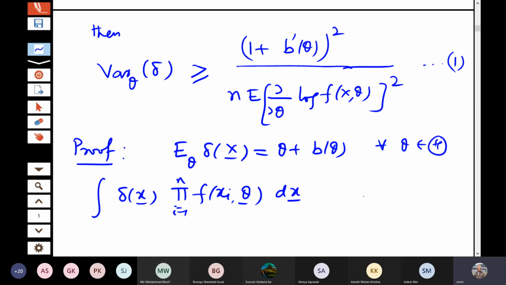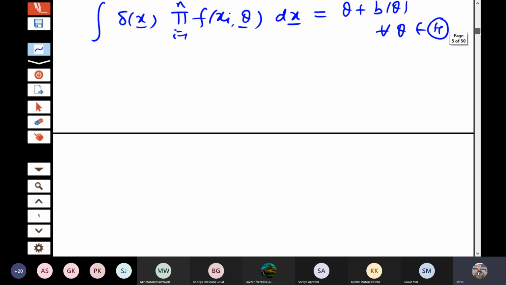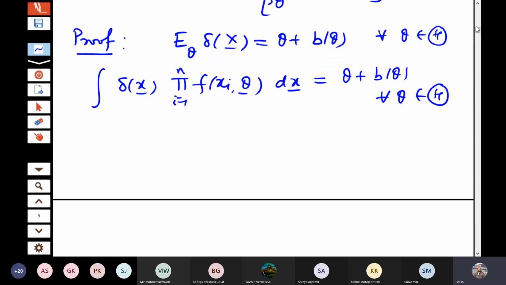I'm just writing dx1, dx2, dxn as dx for the sake of brevity. If you have any doubt in the notations, please ask immediately. Okay. So this is an n-fold integral, but I have written a single integral only, because dx1, dx2, dxn I am just writing as dx. Now this term I will differentiate under the integral sign.